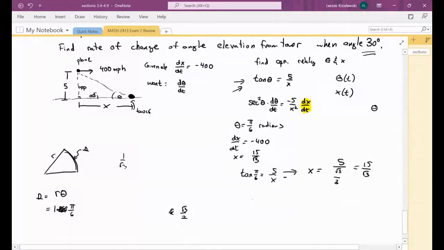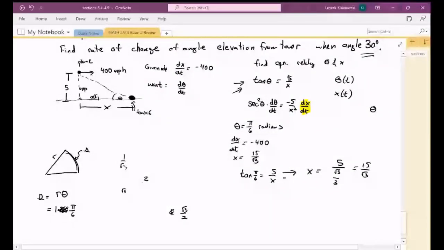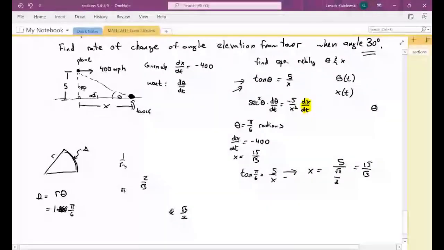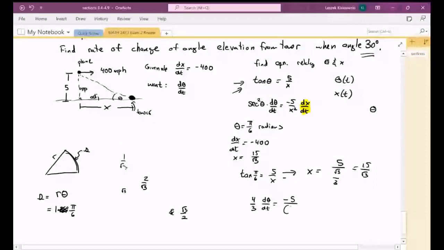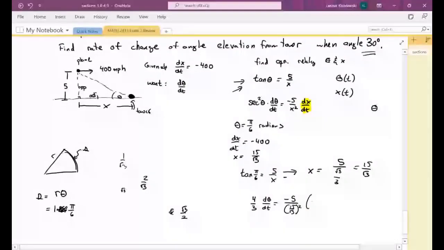All right, so we plug and play, and then there we go. We get dx dt, secant squared. What is secant squared of pi over 6? 4 over 3? And we know dx dt is negative 400.